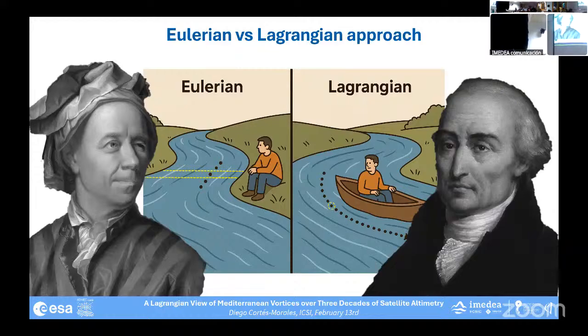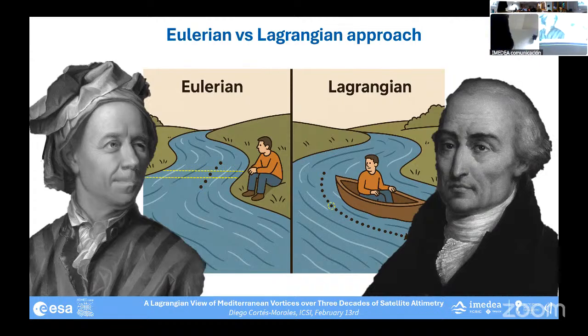But we can also sit on a boat and follow the current of the river, and check a fixed point relative to us, following how this point is transported through time and how the properties are changing through time. That would be the Lagrangian perspective.